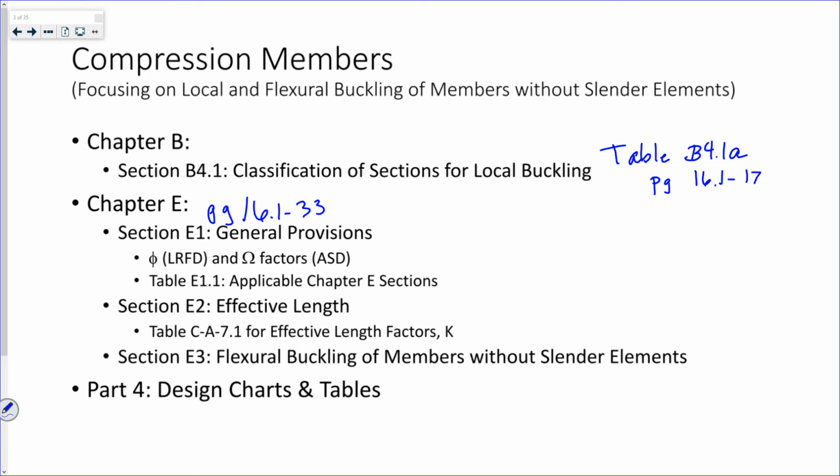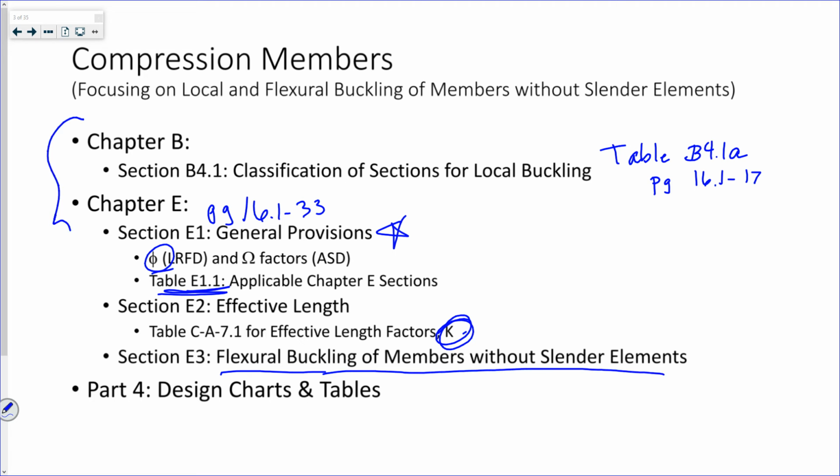We're going to focus on the general provisions, where we have our phi factor, a table that we're going to use, the effective length factors, and then flexural buckling without slender elements. So that's where we are in the spec. This is all the specification.